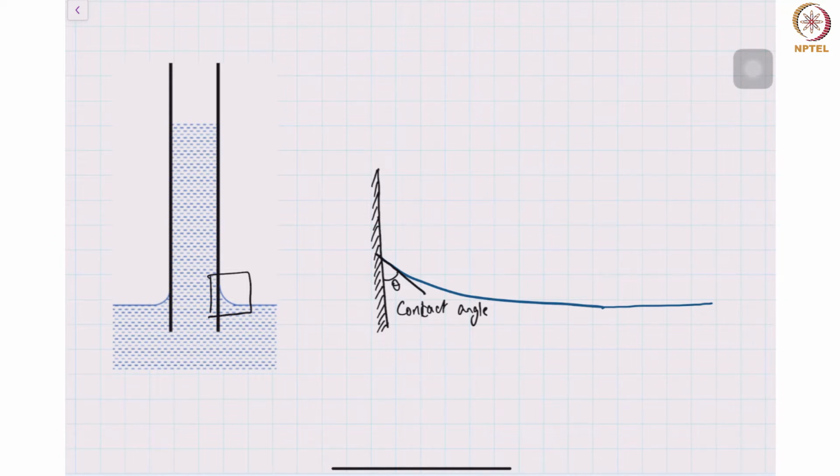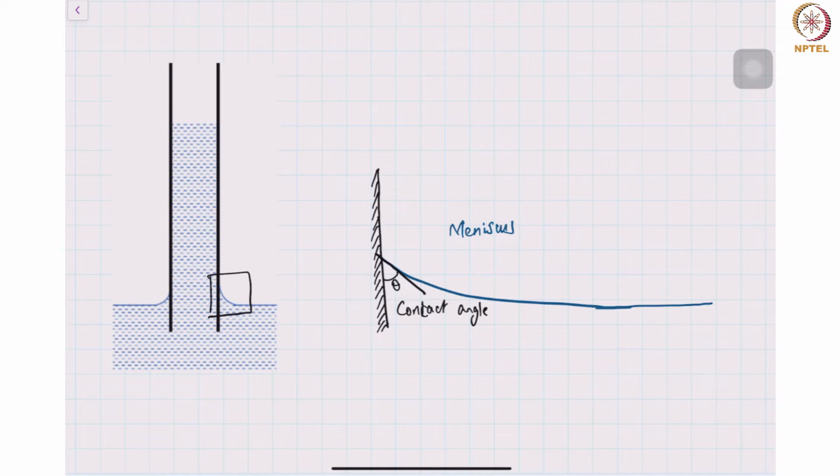So there is a competition between gravity and surface tension, and a natural length scale emerges. We will look at the typical value of this length scale for, say, an air-water system. We will also determine the shape of this meniscus, and this angle directly influences the shape very close to the solid surface.